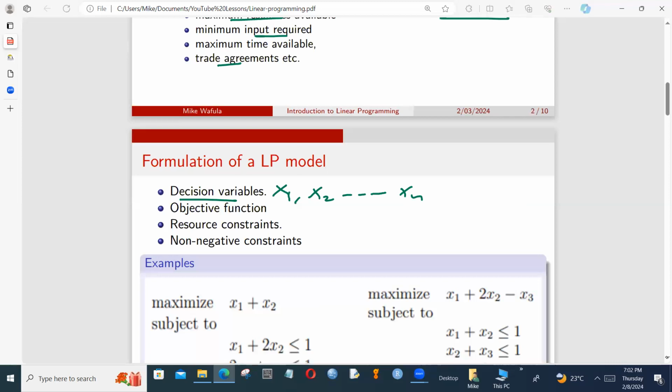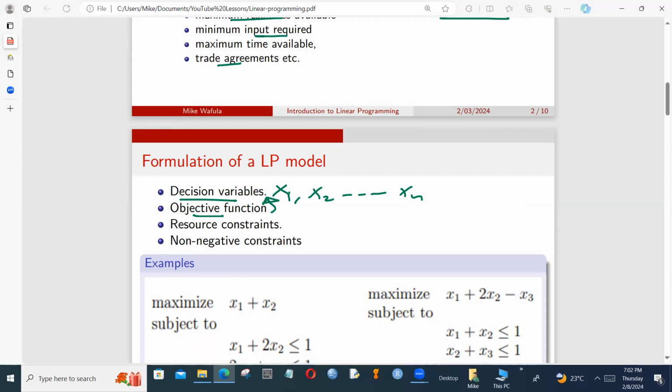And then we have the objective function, which needs to be defined. Once you have defined your decision variables, you now define your objective function, which is always a function in terms of the decision variables that you have defined. You also have to specifically mention whether it is a maximization or minimization kind of objective function.